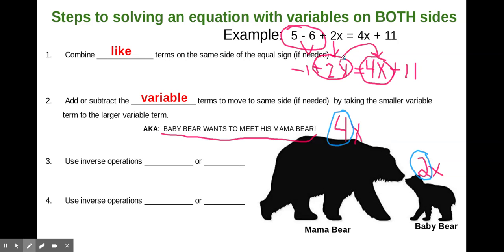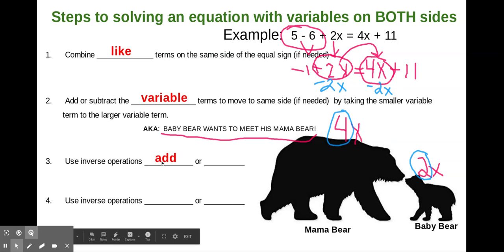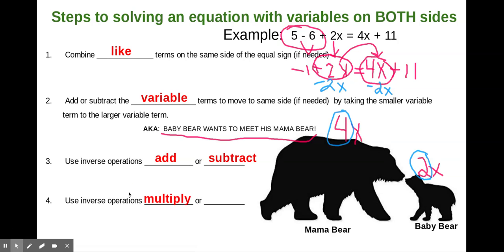So when I take the 2x over, you need to make it its opposite, because you're taking it to the other side. You can't just take the positive 2x, you have to take a negative 2x, okay? And then that will make it into a two-step equation where we're going to use inverse operations to add or subtract, and then use inverse operations to multiply or divide. I'm going to go through this example on the next slide.